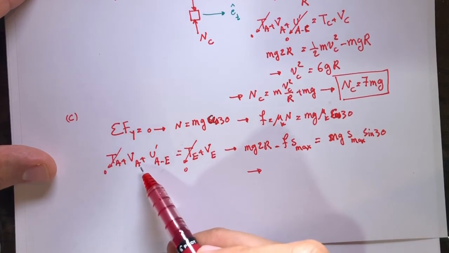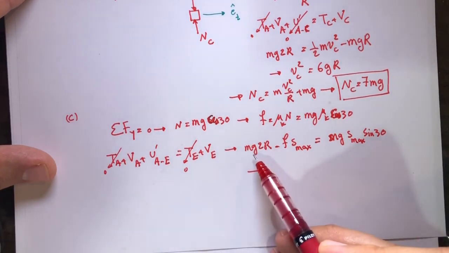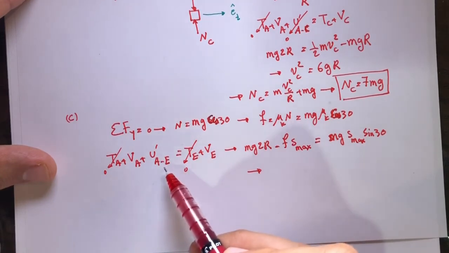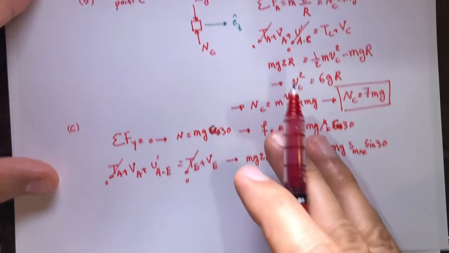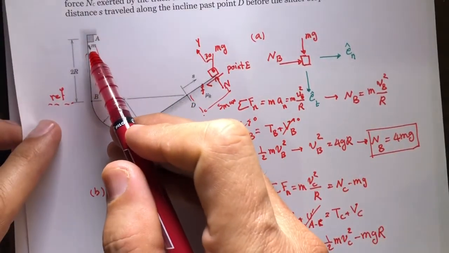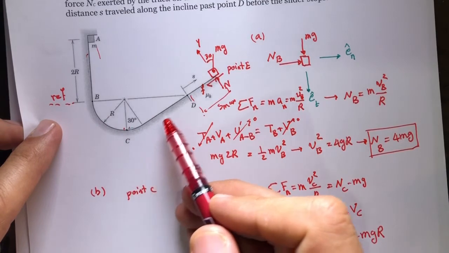The potential energy at the beginning is 2 mgr like previous parts. U prime from A to E is not going to be equal to 0 here. From here to here, there is no work from non-conservative forces, which is just a reaction force.